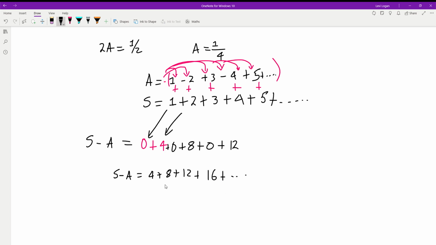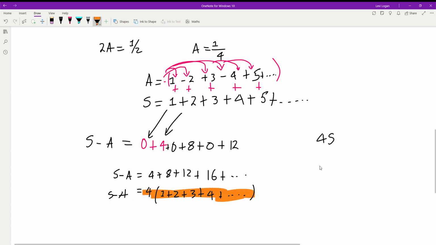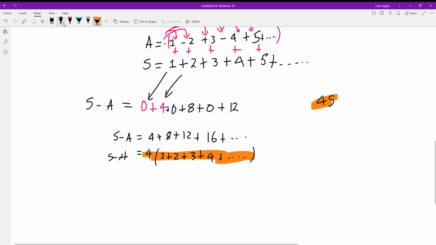What we get is series S times 4. You can see if you took a factor of 4 out of all these, you get 1 plus 2 plus 3 plus 4 dot dot dot forever. And this is S minus A. Now this here is clearly 4 of our sum, so we can replace that. So S minus A is equal to 4S.